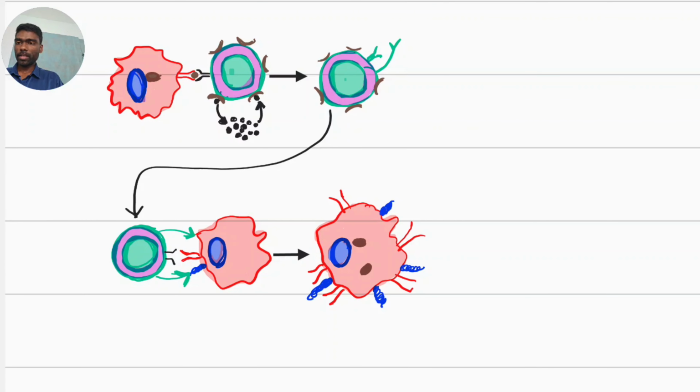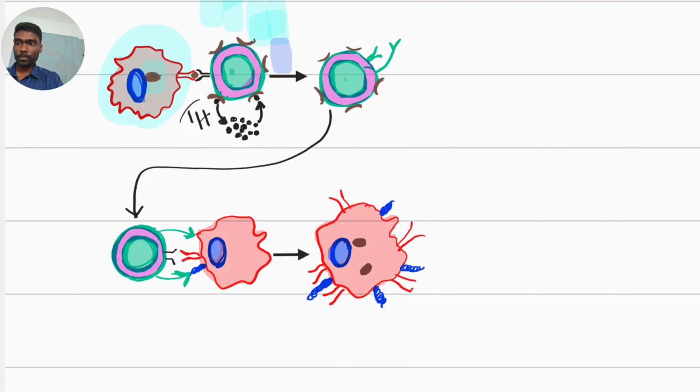We will revise the entire thing with the help of this diagram. First, antigen will be presented by the antigen presenting cell through MHC class 2 to the T helper cell.